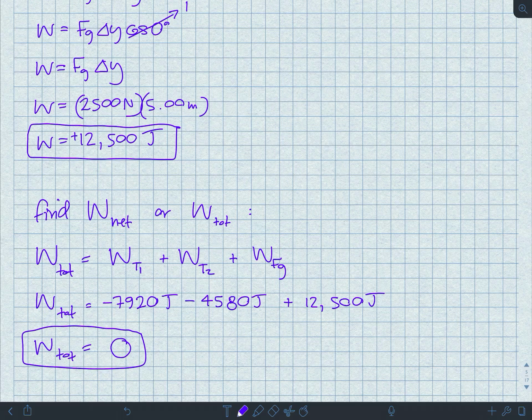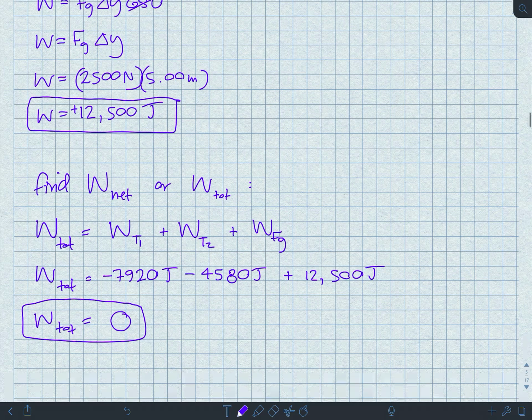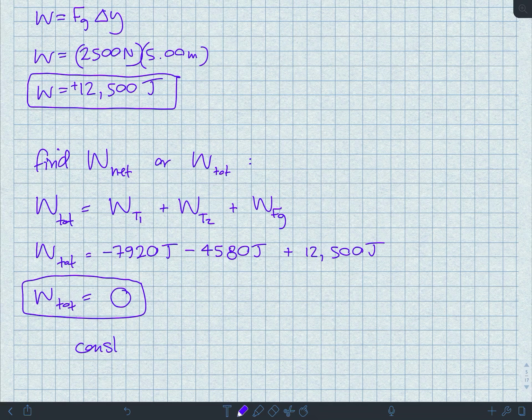So what does that 0 mean? Well, remember in this situation we had constant velocity. We were lowering that piano down slowly. Whatever the speed is doesn't matter, but it's a constant velocity.